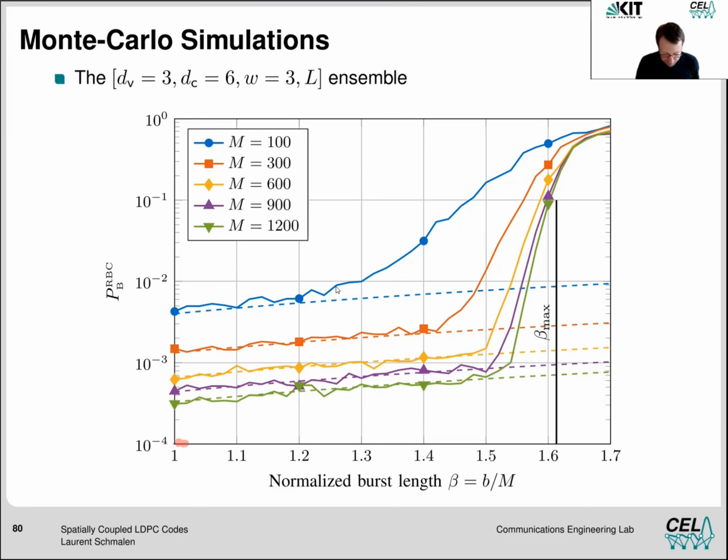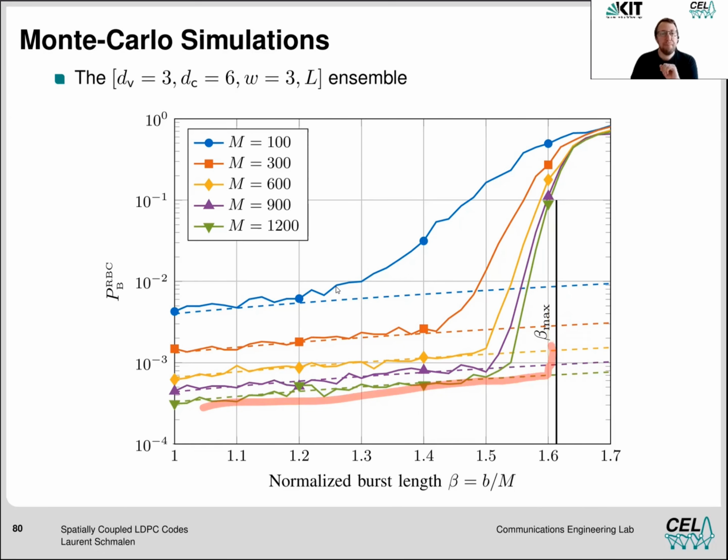And we simulate normalized bursts, and we see lower bounds on the error probabilities. Together with this beta max, they allow us to describe the situation quite nicely. If m, the number of variable nodes per spatial position, increases, we will converge to both the beta max curve and the lower bound on the error probability.